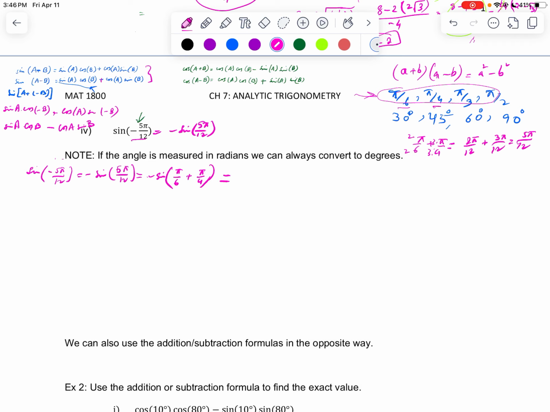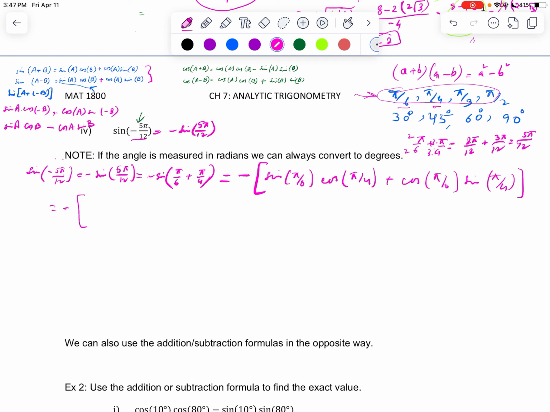And I can write here sine of pi over 6 into cosine of pi over 4 plus cosine of pi over 6 into sine of pi over 4. This is equal to, so the negative sign is still outside, so I need to keep everything else in parentheses.